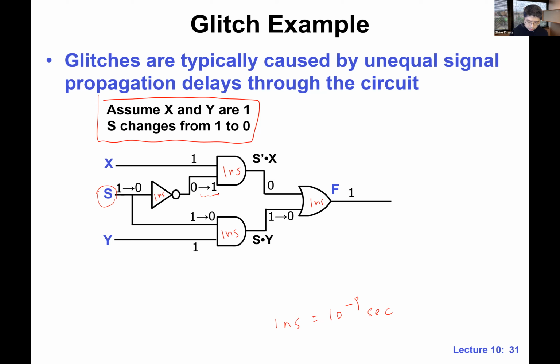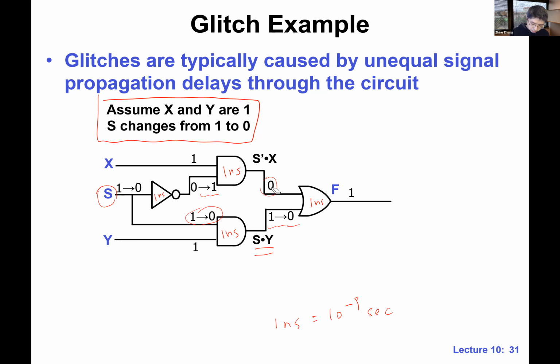And for this AND, it's going to make a transition from 1 to 0, because the input changes from 1 to 0 already. In the next nanosecond, S and Y will become 0. And for this one, there's no change here.